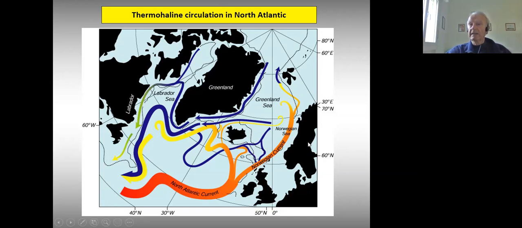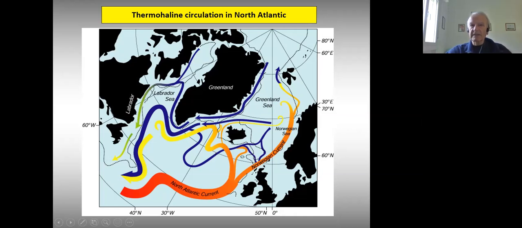So that's why Norway and England are warmer than the Canada coast, because we have relatively warmer water flowing northward with respect to the cold water which goes southward along the Labrador Sea, along the Canada coast. So this is how it looks if you zoom.